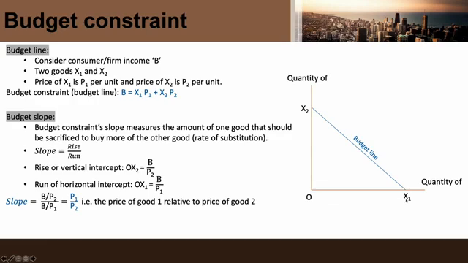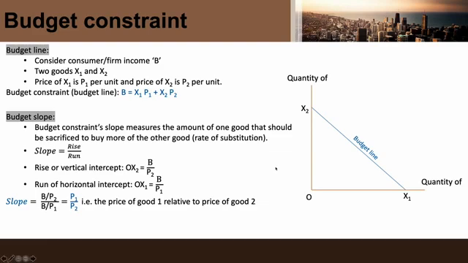Similarly, if you are not consuming any quantity of good X2, then you are consuming your budget fully for X1. So how much quantity of X1 can you buy? That will be determined by the total budget divided by the price of commodity 1.